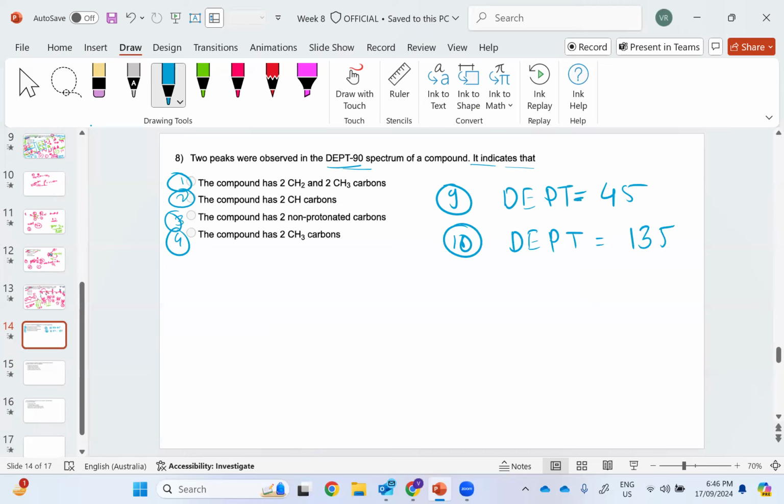So just Google it and you will get the correct option here. I don't think there is any rocket science in finding the correct answer, right? Also search for DPT 45 and DPT 135. You know, right? There are three types of DPT experiment we generally take: DPT 90, DPT 45, and DPT 135. So to distinguish between CH3, CH2, CH or quaternary carbon, we generally perform this type of experiment.